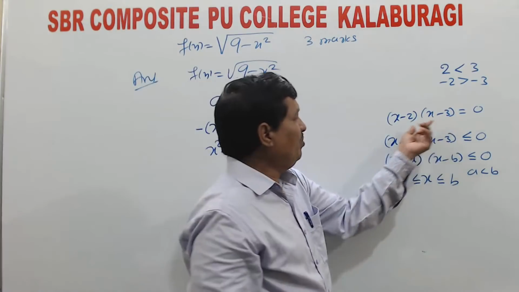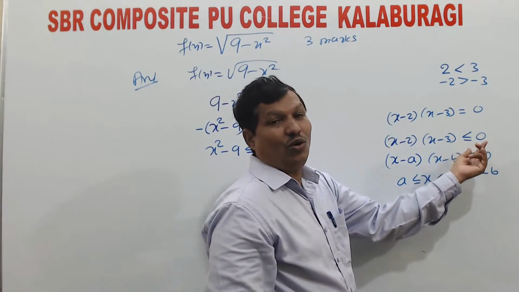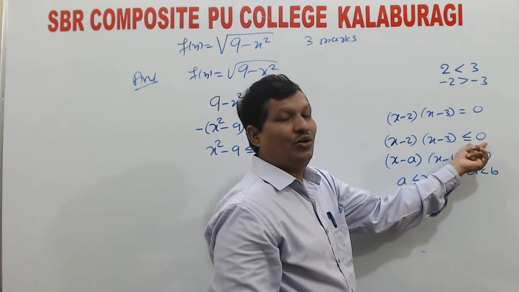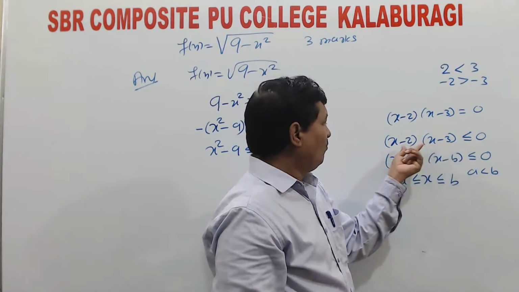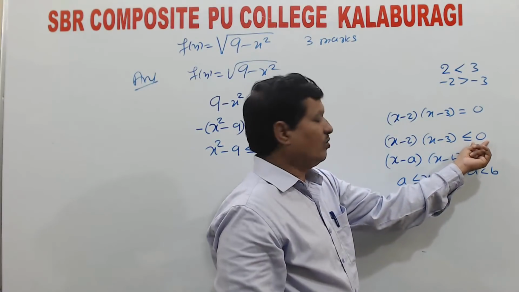If exactly 0, then x equals 2 or 3. If it is less than or equal to 0, for what value of x is this product less than or equal to 0? This is called equality, and this is called inequality.